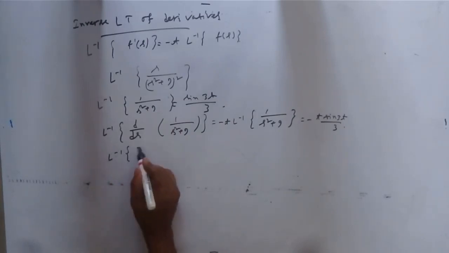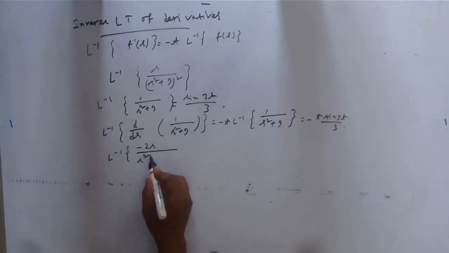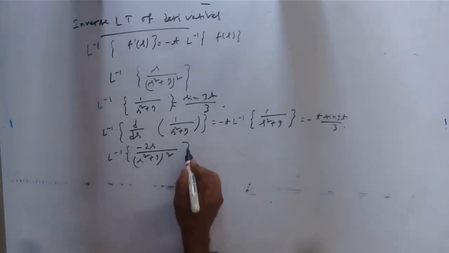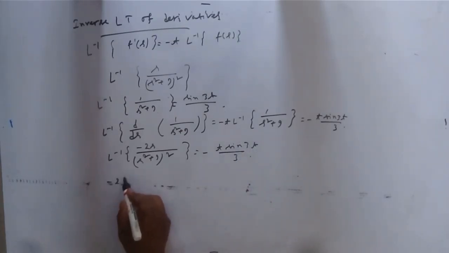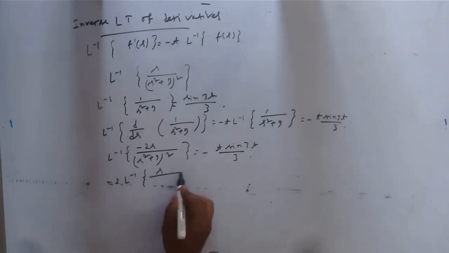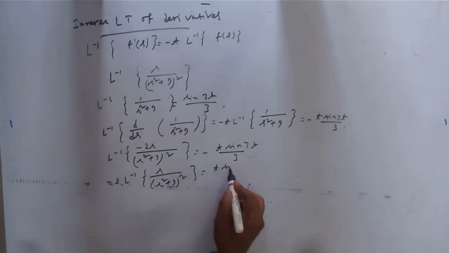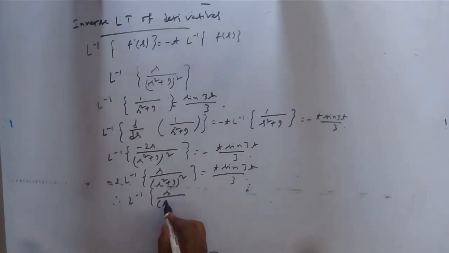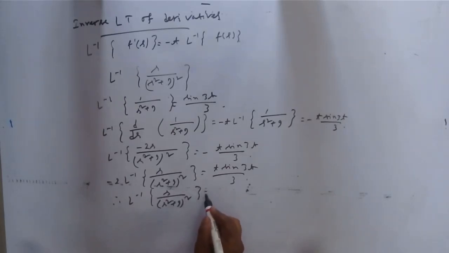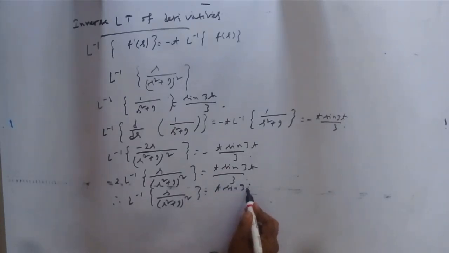So L inverse of minus 2s by (s square plus 9) whole square is equal to minus t sine 3t by 3. So minus 2 L inverse of s by (s square plus 9) whole square is equal to minus t sine 3t by 3. Therefore L inverse of s by (s square plus 9) whole square equals t sine 3t by 6.